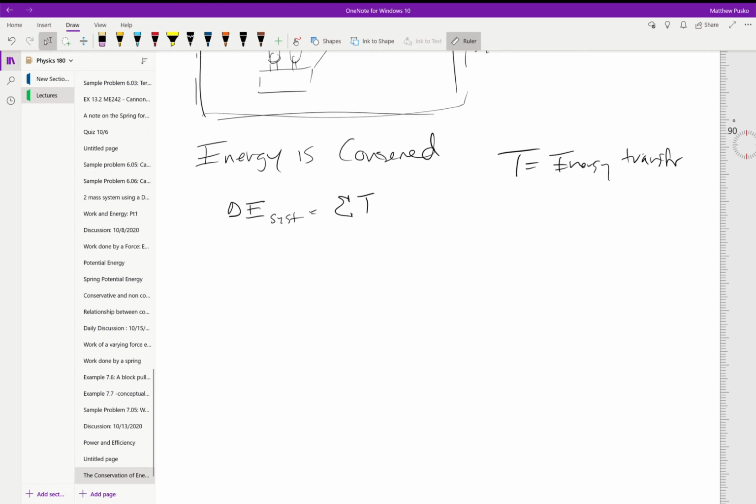What we can say if we expand this equation, if we had energy in a system, we could have kinetic energy, so let's throw down change in kinetic energy. We have change in potential energy. We could have what's called some change in internal energy.